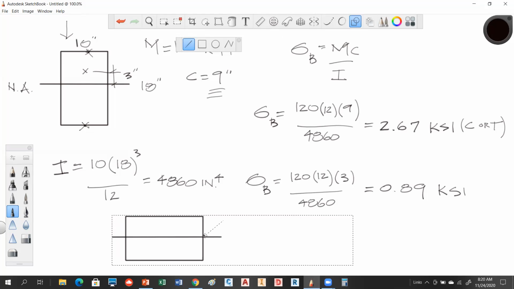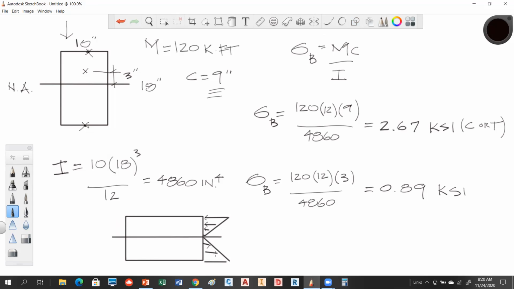We're going from 0 to max and 0 to max. So what's happening here, this is compression, compression, compression, and this is tension, tension, tension. So let me draw these little arrows in here. That's compression, compressive stress.